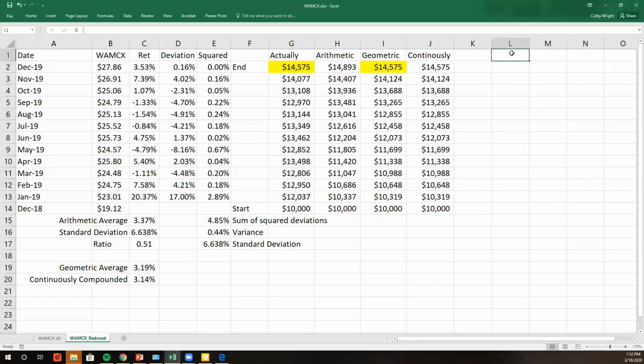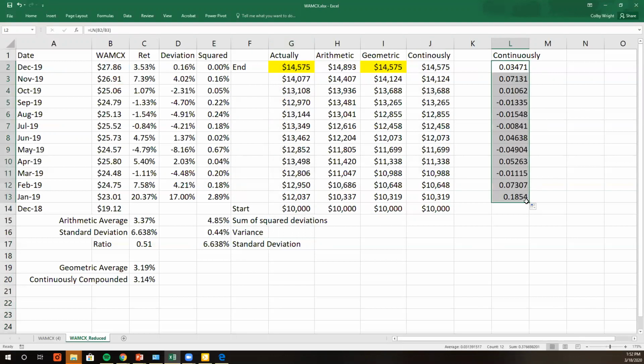So what I'm going to do is calculate continuously compounded returns using that other method. You start by calculating the return each month as the natural log of the ratio of this month's price to last month's price. Do that for all 12 months. Turn that into a percent.